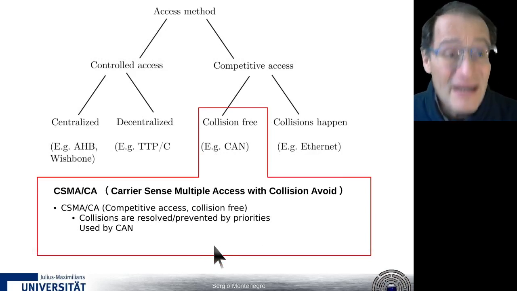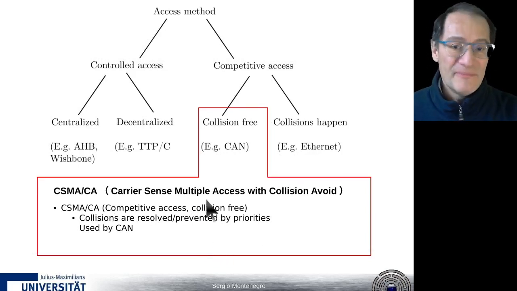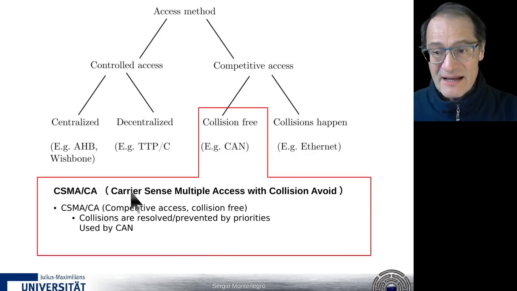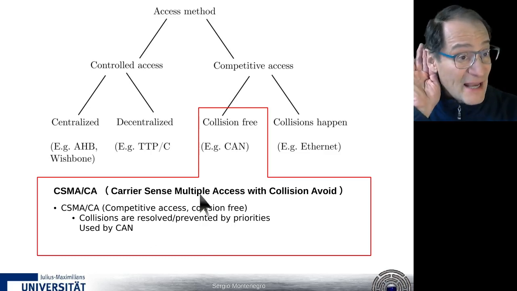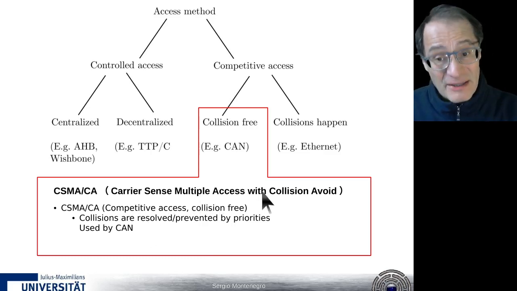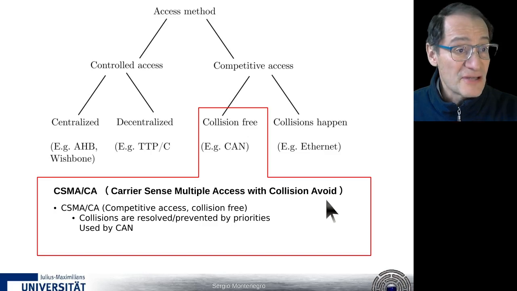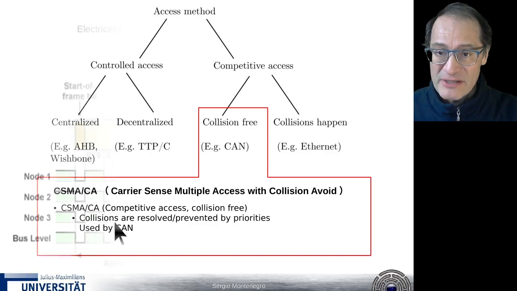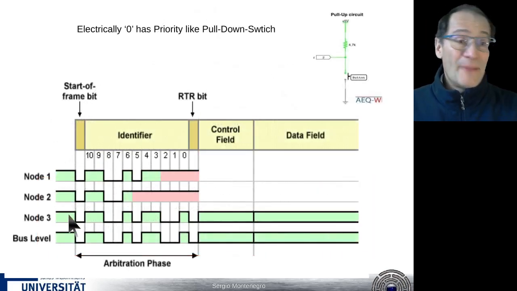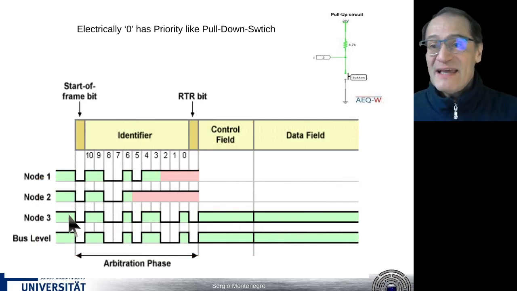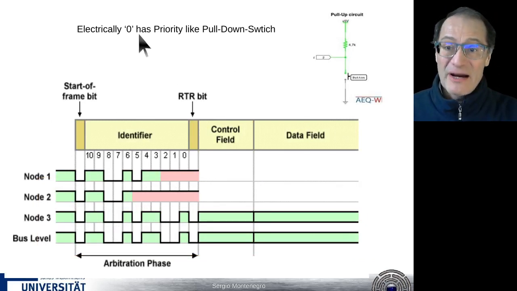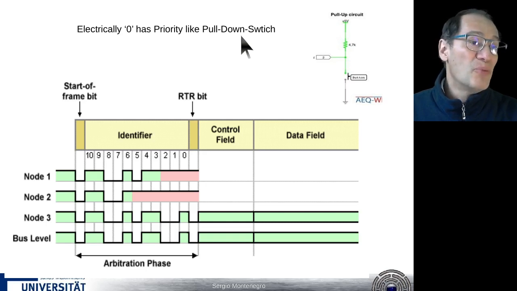Now, a more clever solution is, for example, the CAN bus. It's carrier sense, like before, so they are hearing what they sense, but they detect and avoid collisions. I'm going to show you how it works. So, we have binary data, and we can say electrically the 0 has priority. It's like a pull-down switch.